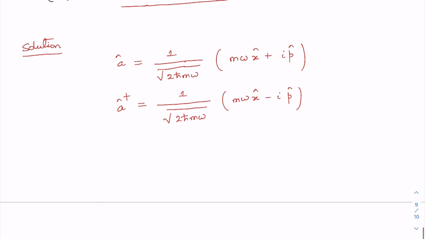So from these two relations we can express what is x cap and what is p cap.